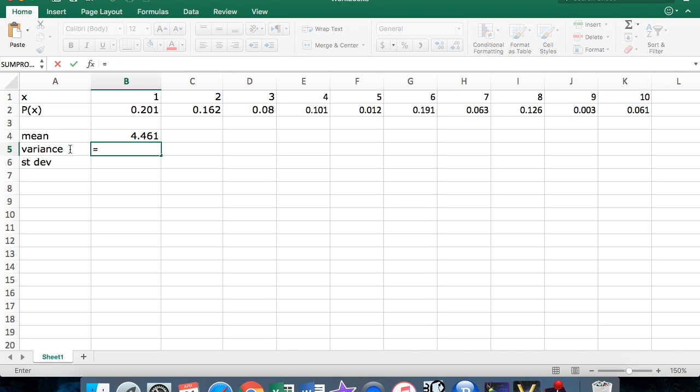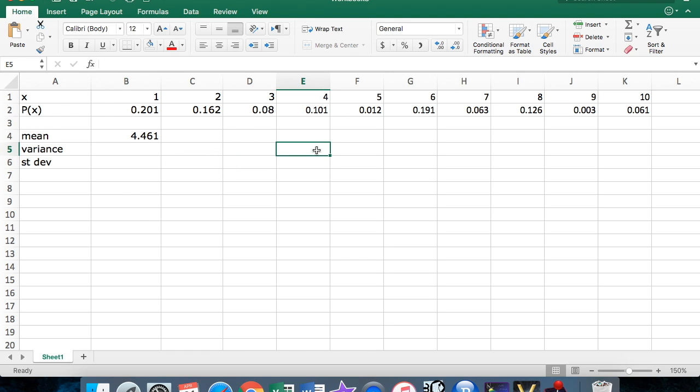Okay, so watch carefully. I'm doing sum product just like before, but it's the sum product of x squared times P of x, minus the square of the sum product of x, P of x. So that's an easy way to think about it. Right, so it's just that.